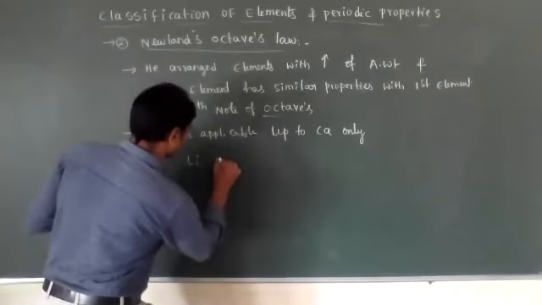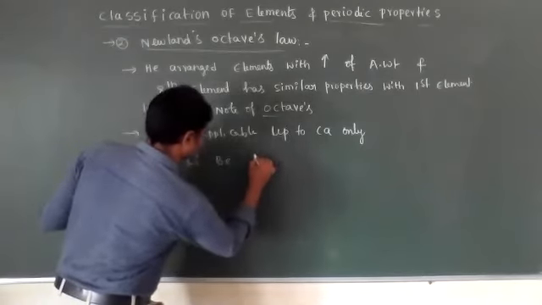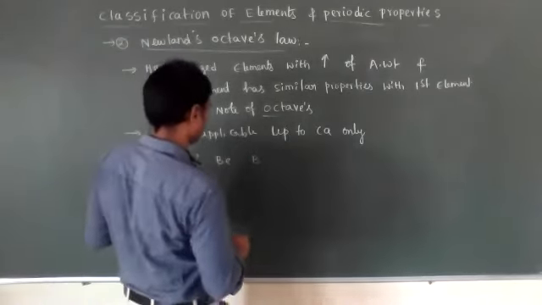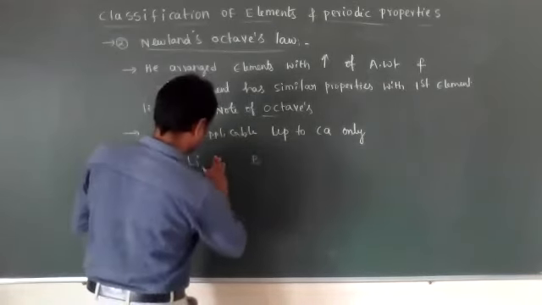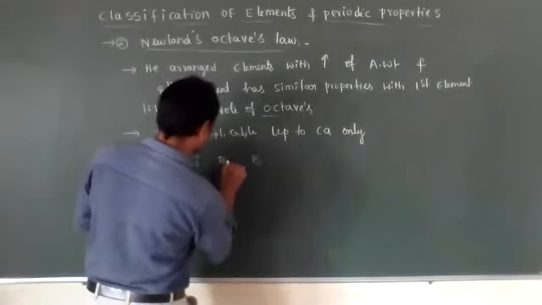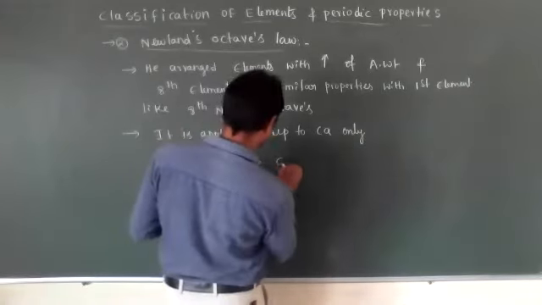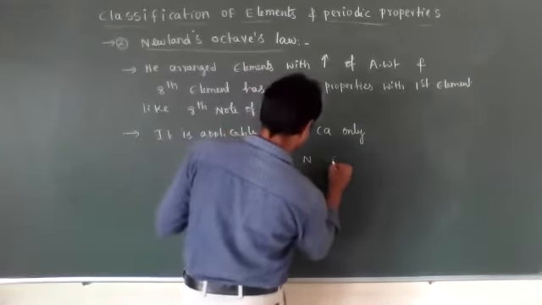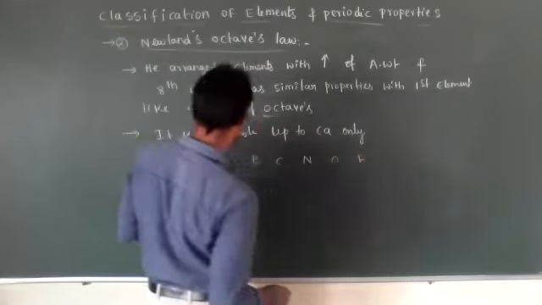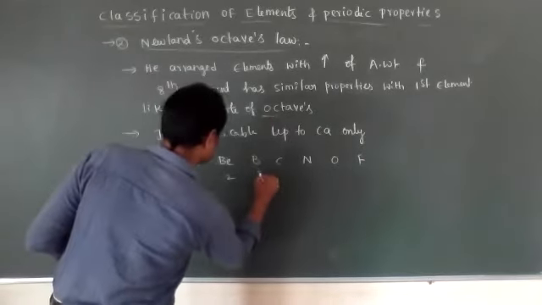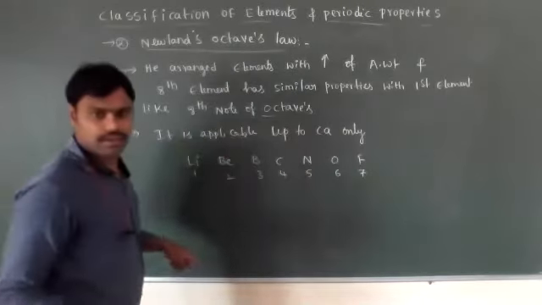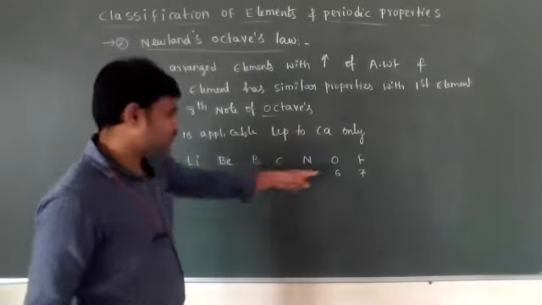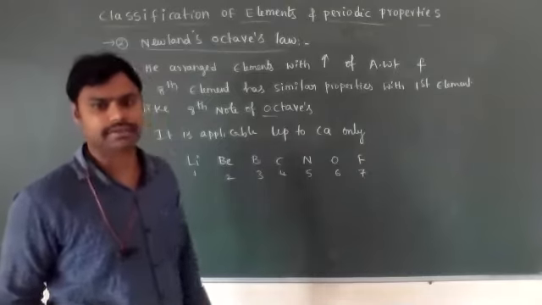Lithium, beryllium, boron, carbon, nitrogen, oxygen, fluorine. These are 1, 2, 3, 4, 5, 6, 7: seven elements arranged in increasing order of their atomic weights.